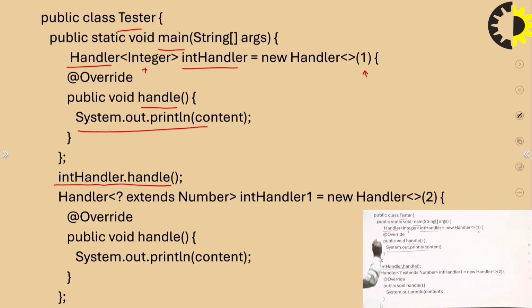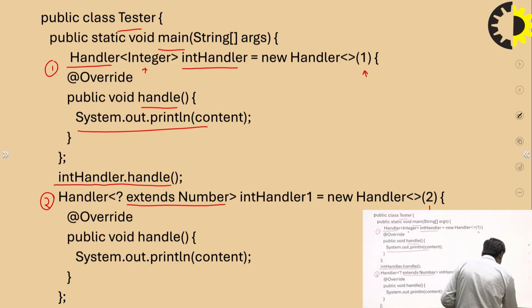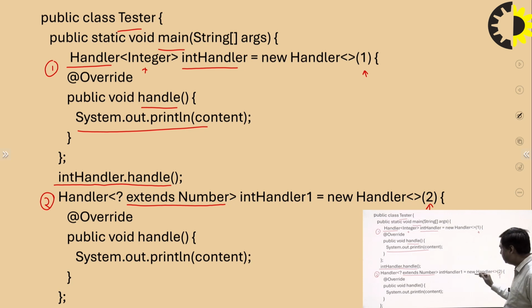This is the first use. This is the second use. We have the Handler, and it extends the predefined class Number, of any type. How will the type be defined? The type will be defined by this value. This value is a number, that is, an integer. So the type of this new object will be defined as an integer.